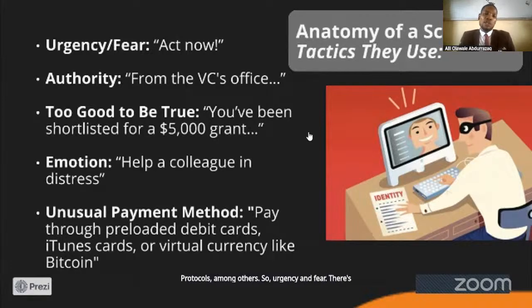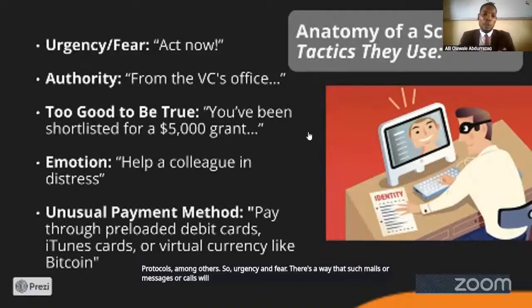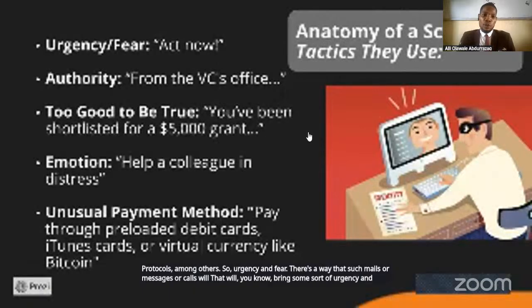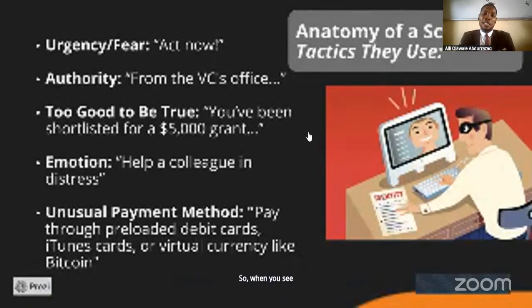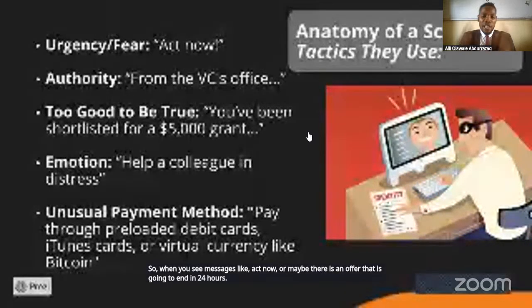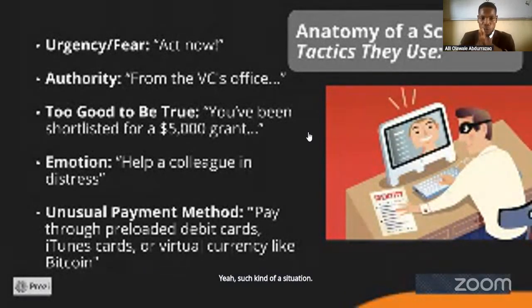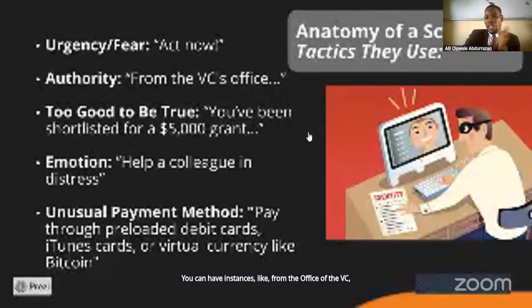Such mails, messages or calls will sound in a way that brings some urgency and fear to you. When you see messages like "act now" or an offer that is going to end in 24 hours, one needs to be very careful. Then authority, for instance a mail from the office of the VC, and such a mail will continue in that manner.